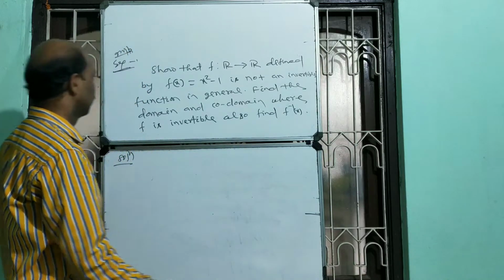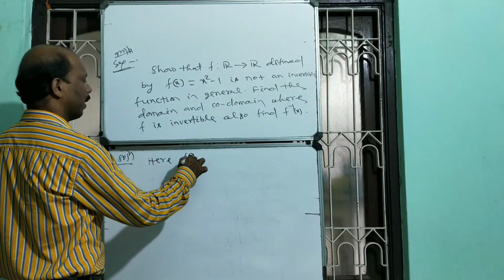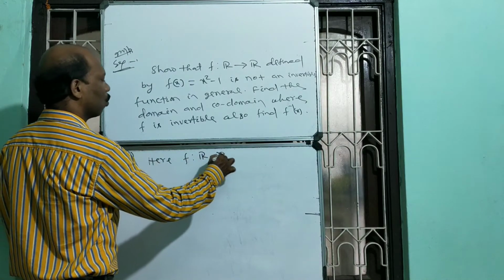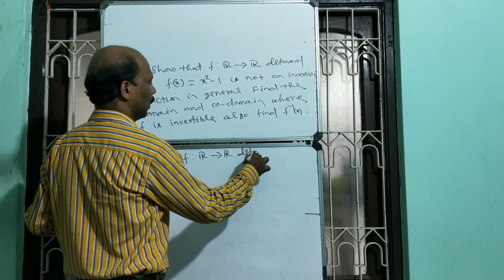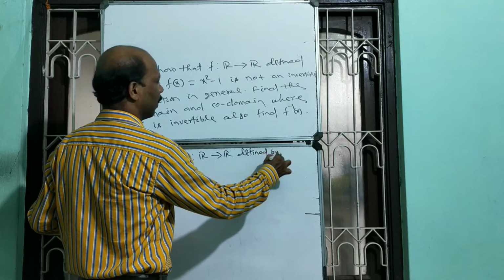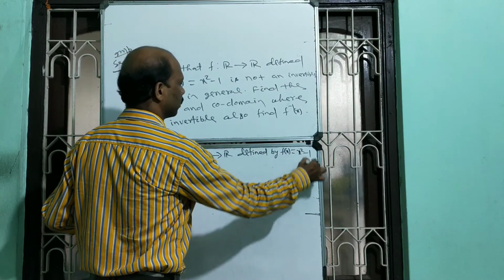Let's start. Here f maps from R to R defined by f of x is equal to x square minus 1.